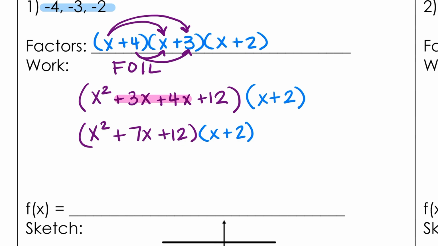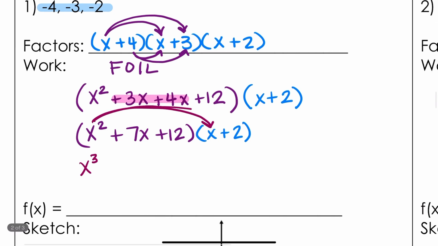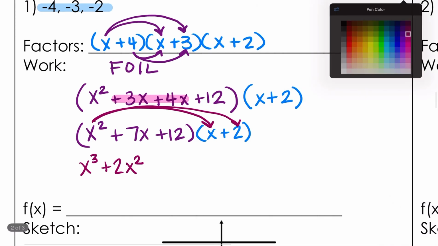Okay, so in order to multiply this, we're first going to multiply x squared times x, which is x to the third power, x squared times 2, 2x squared. Now we are going to do a similar step.